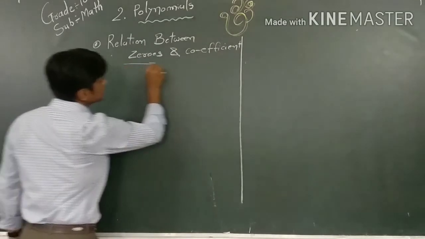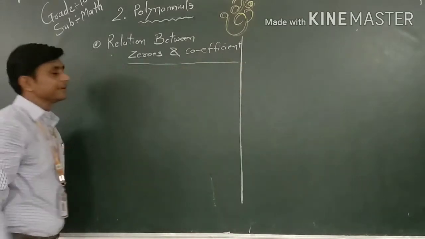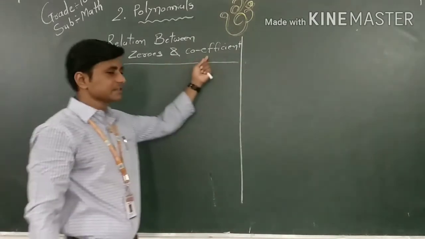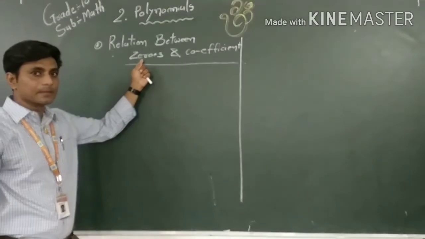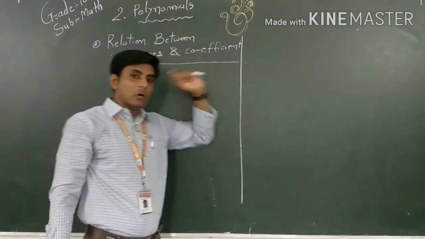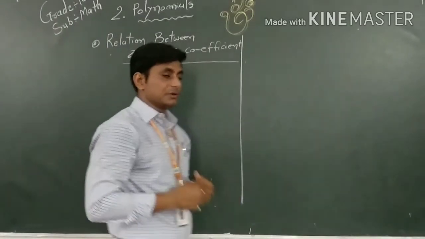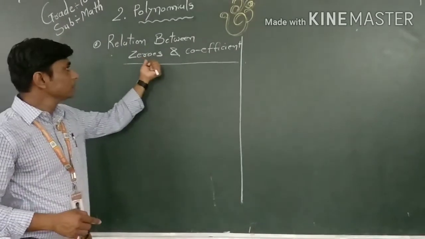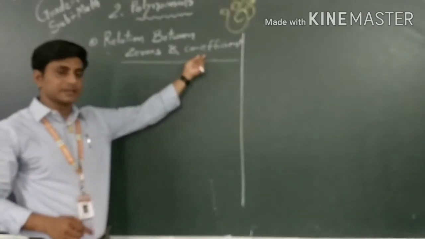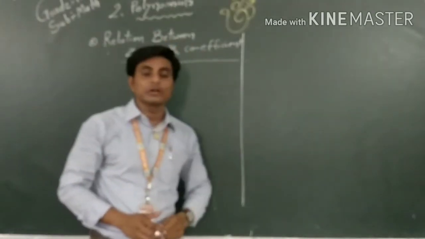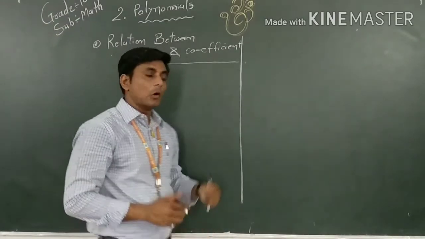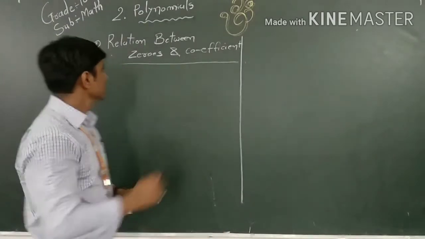Today our topic is the relation between zeros and coefficients. First of all, what is a zero? We have already learned about zeros and coefficients. This topic is all about a quadratic equation or quadratic polynomial.